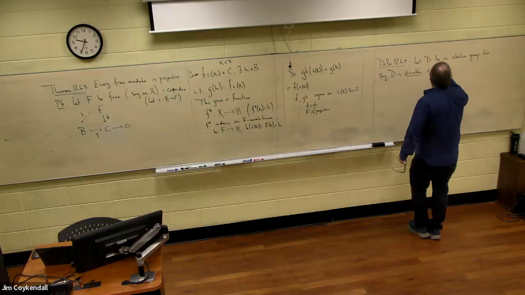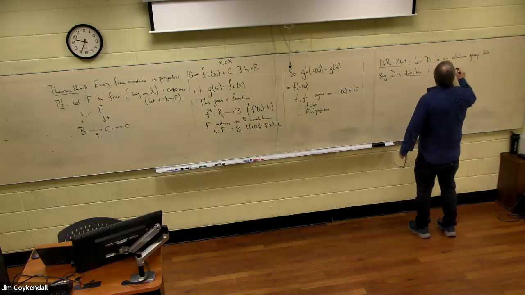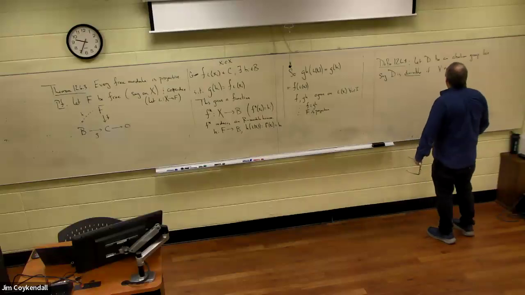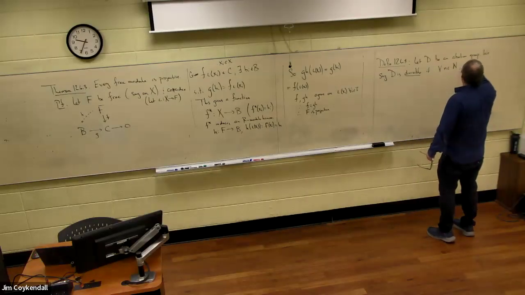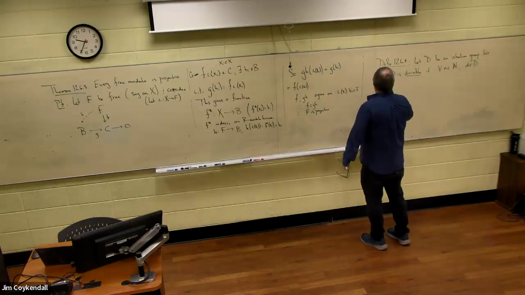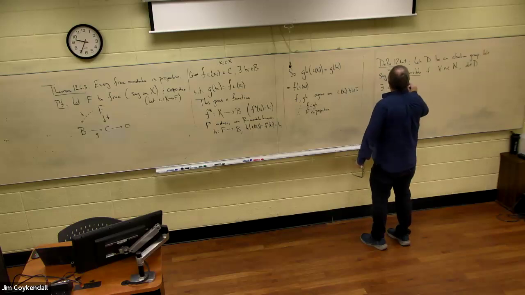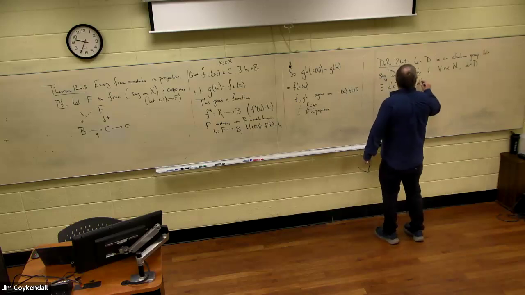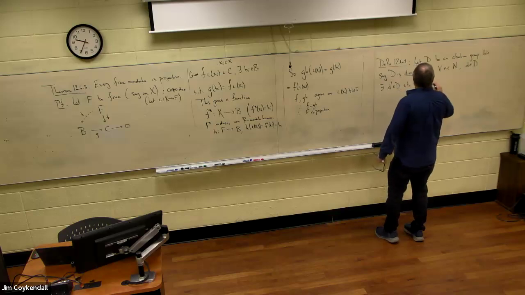if for all n in the natural numbers and d in D, there exists d prime in D such that n d prime is equal to d.